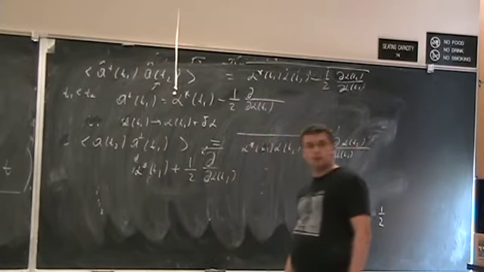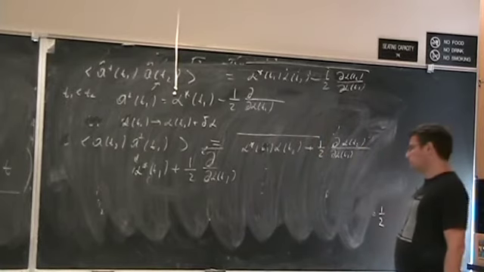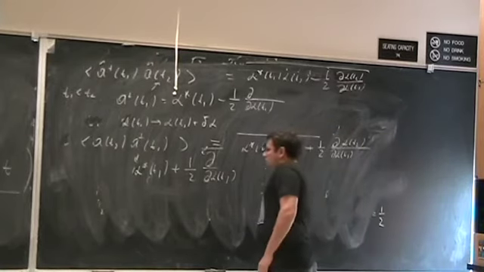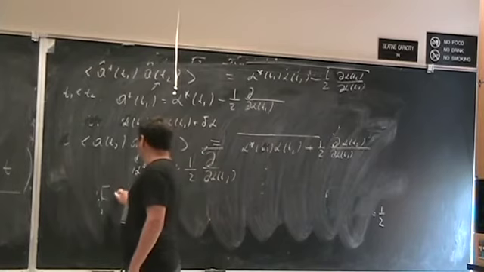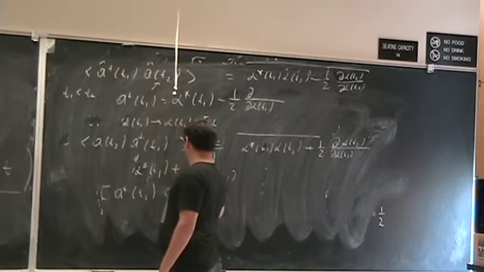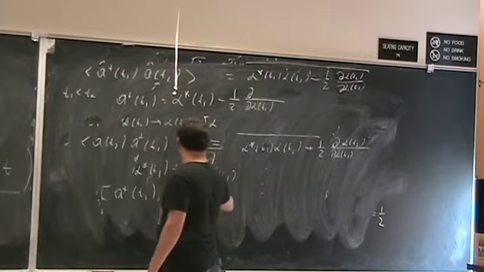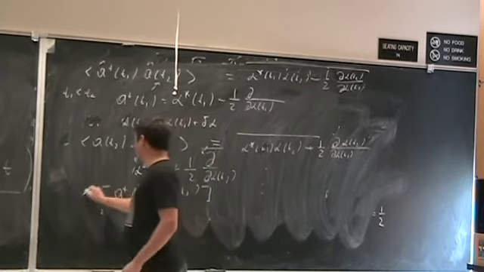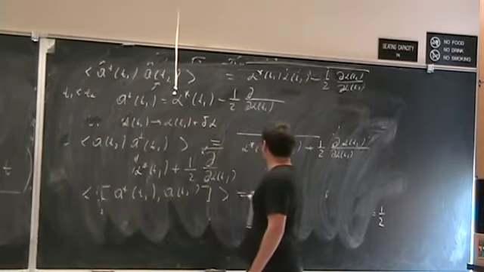But if I want to compute the commutator, then the classical part drops out, and the only thing which survives is this jump, A of T2. So if you wish, this is like a non-equal time correlation function.